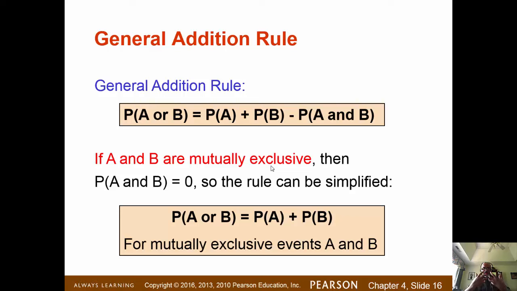A special case is when there is no joint probability, when A and B are mutually exclusive, which means there is no intersection. There is one circle that represents A and another completely disjoint circle that represents a second event.